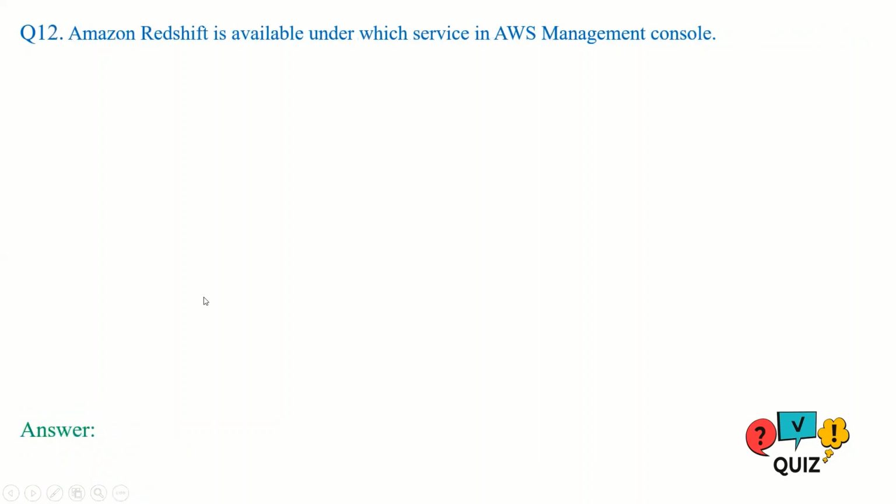Here comes the next question. Amazon Redshift is available under which service in the AWS Management Console? Database? Yes, correct. It is database. Earlier it was in analytics. Here comes the next one. Which storage device or service is used by Amazon Redshift to access or import the data files?